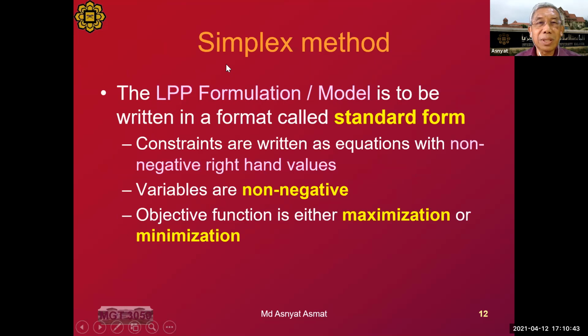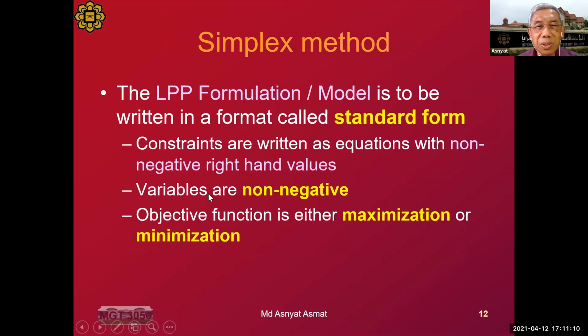And then the next step, after we do the formulation, is to rewrite, or we call it transform, it into a format called standard form. Again, constraints are written as equations with a non-negative right-hand side value. The right-hand side value cannot be negative.